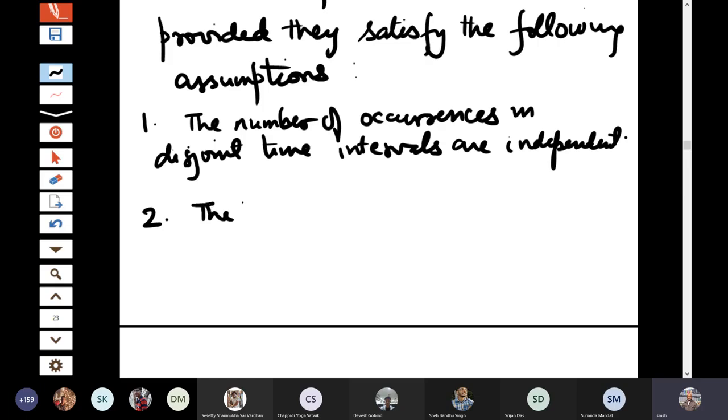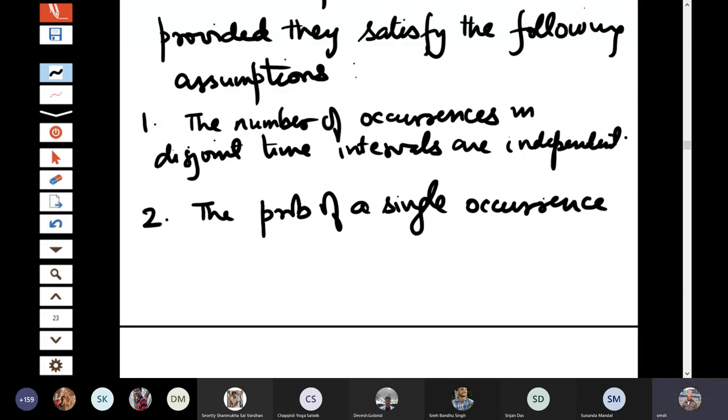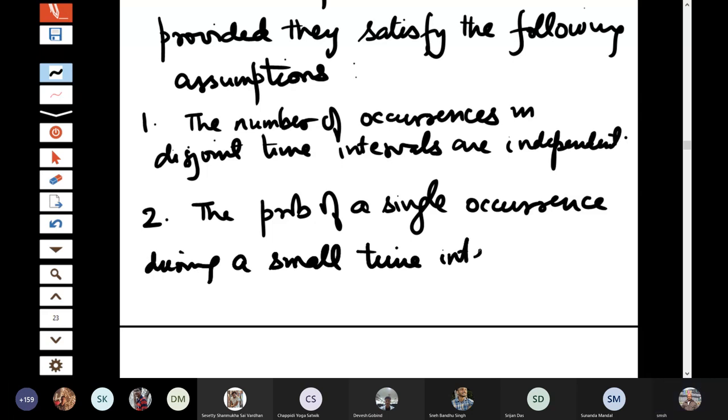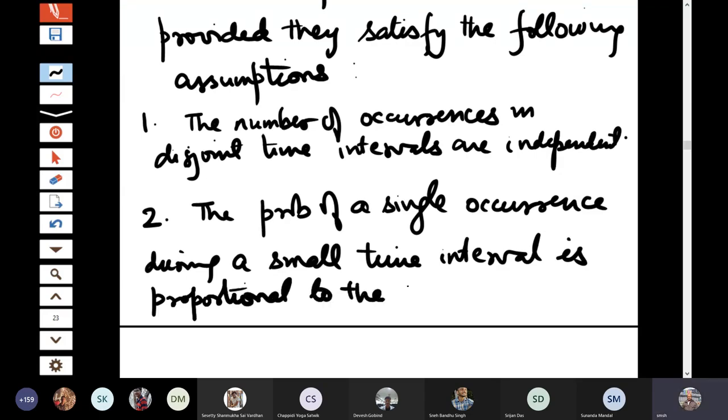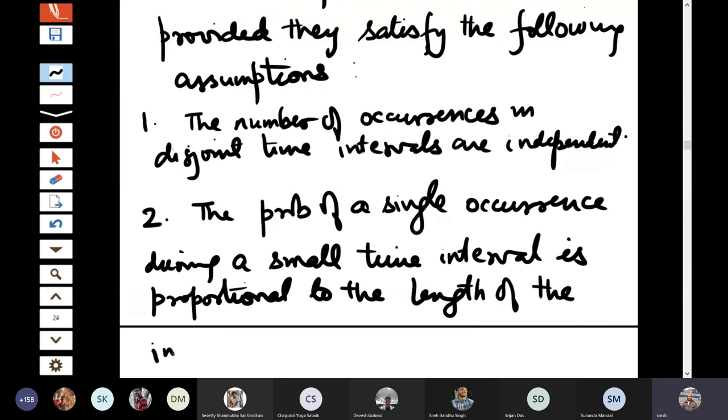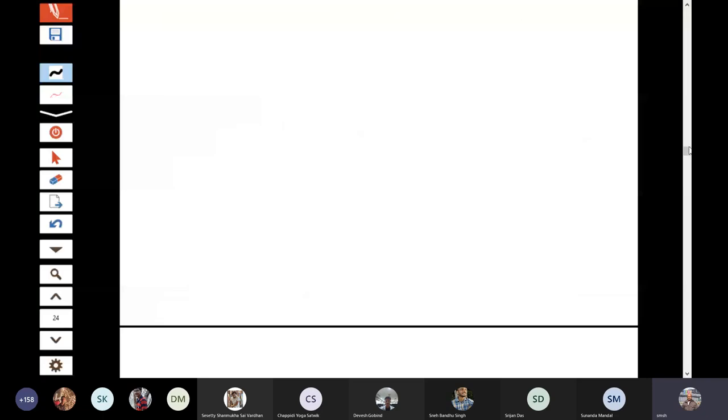And the second assumption is that the probability of a single occurrence during a small time interval is proportional to the length of the interval. We put it in mathematical notation like this.